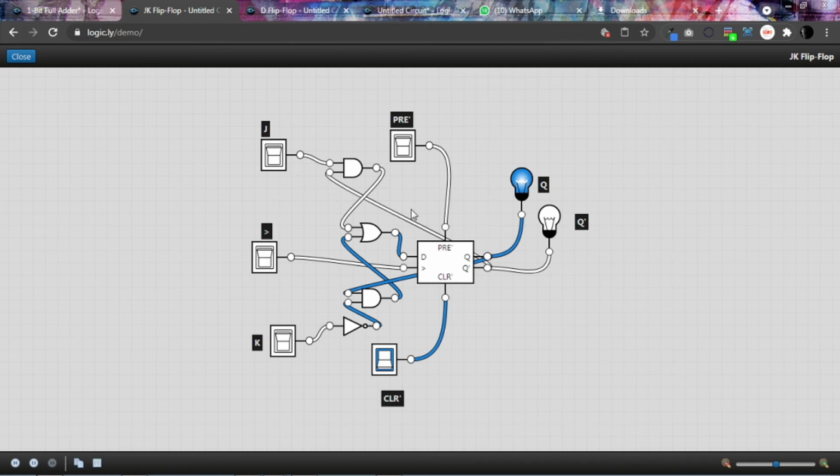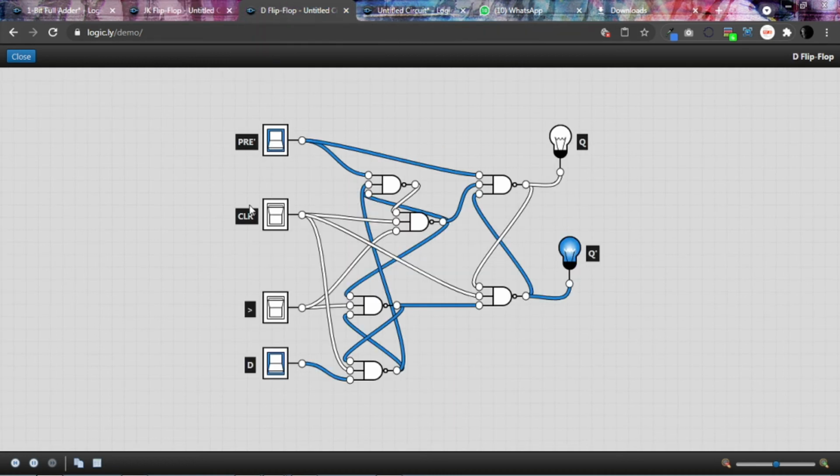During 0 0 we are getting the previous state, and when we give both the inputs as 1, we are getting the toggled state. So this is the advantage of JK flip-flop.